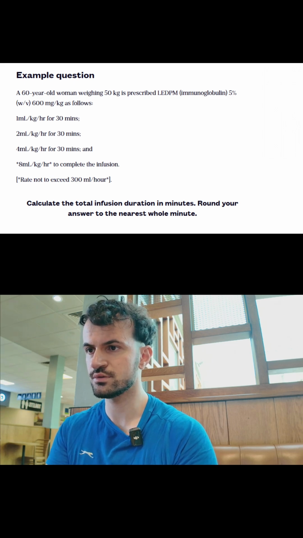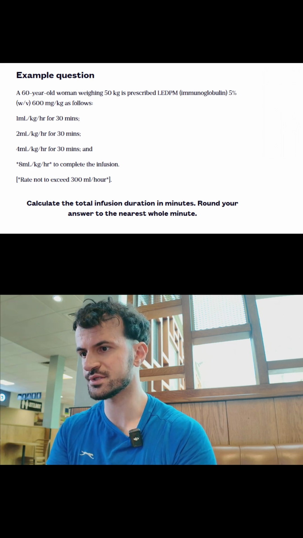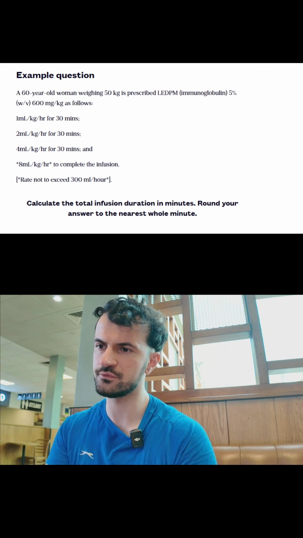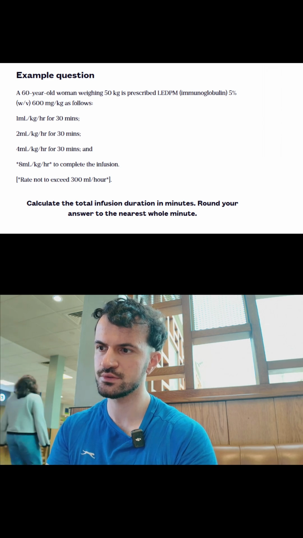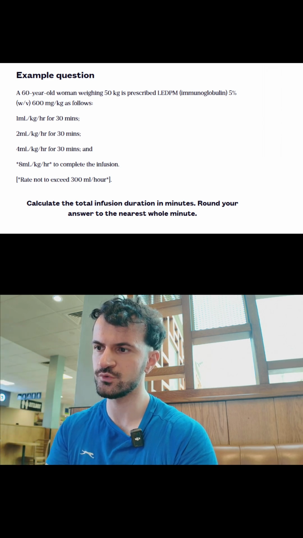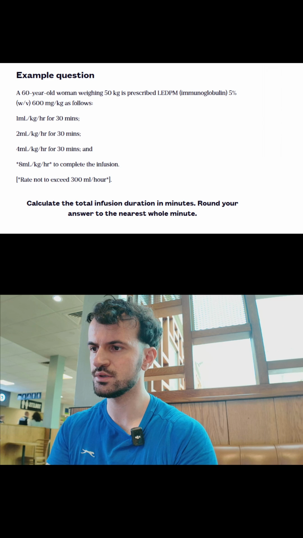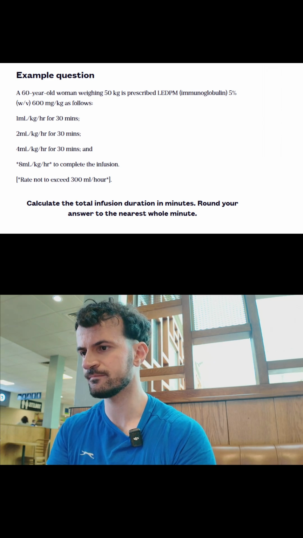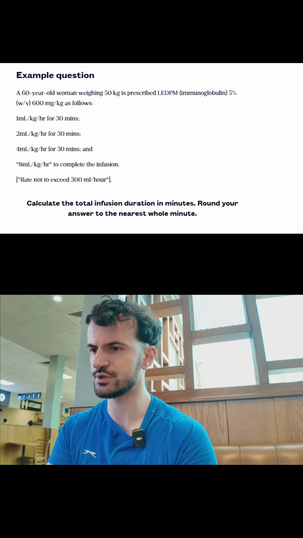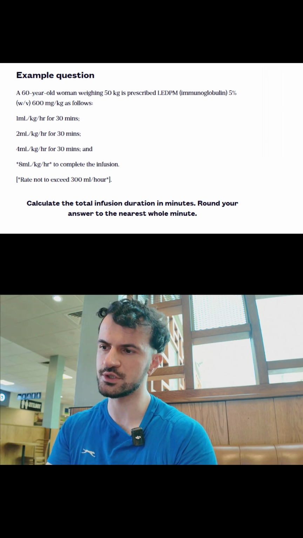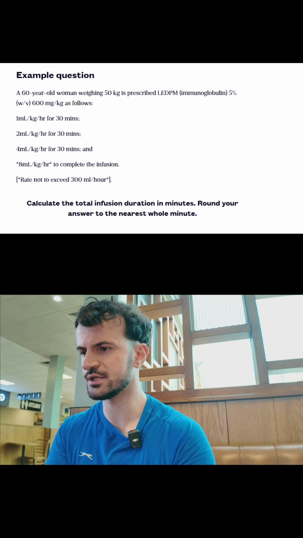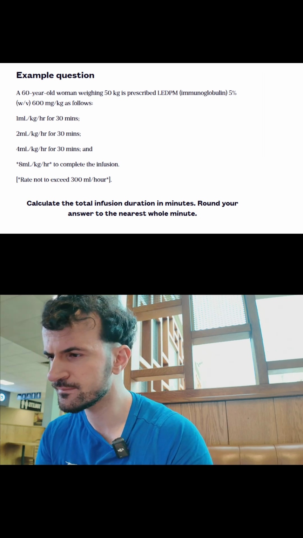So in this question, your first step would be you have 5% w/v, which mathematically means 5 grams out of 100 mL. That's the first point. You have 50 kilograms, so 600 milligrams per kilogram, right? Then you do 600 milligrams times 50, which is 30,000 milligrams.